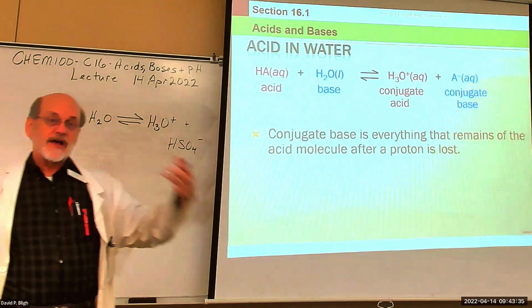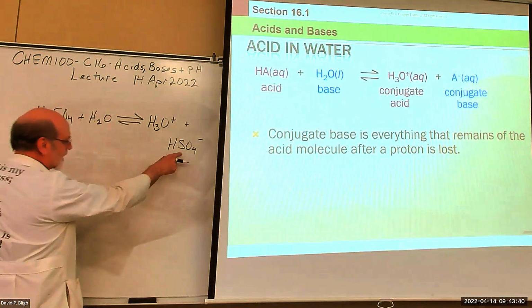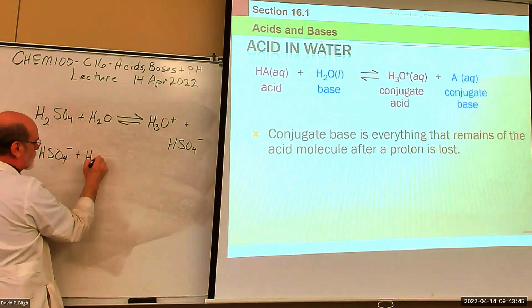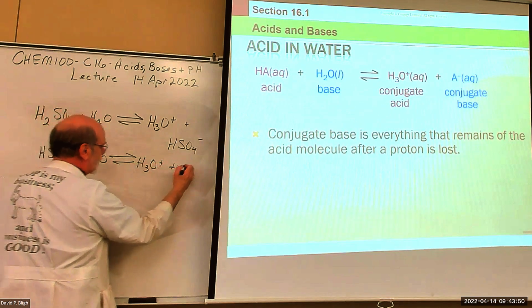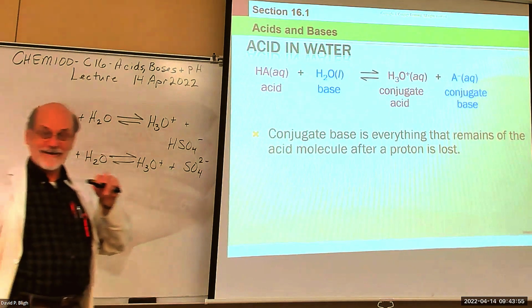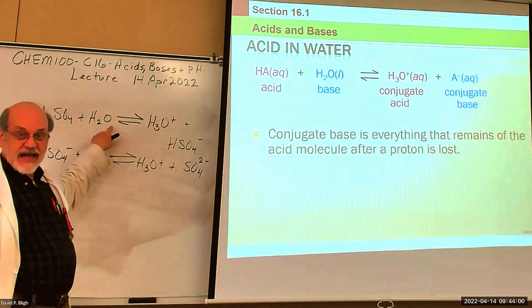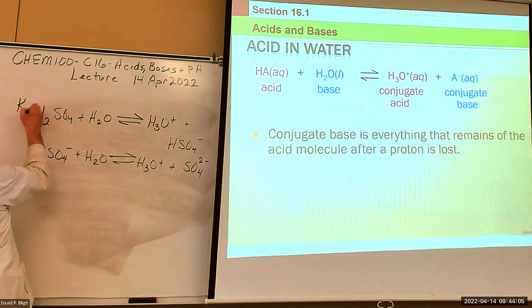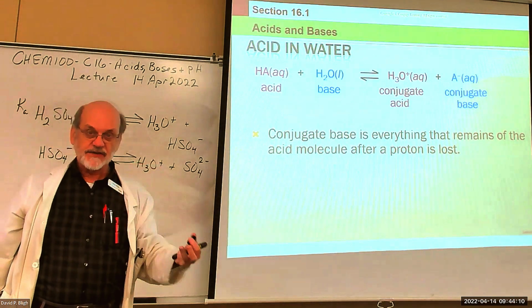That is a valid equation. Now, sometimes we express the overall equation. If we take this one now, then it also can transfer a proton to water, make the hydronium, and now you have sulfate left behind. Okay? So this one has a K value, and we use a subscript of A, meaning acid dissociation constant.